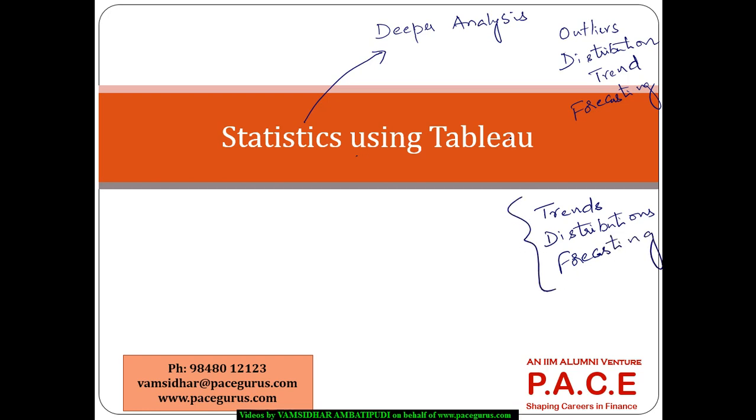So, three major things which Tableau can help us out with in statistical analysis: it helps us in identifying the trends, it helps us in coming out with the distributions of the data, and to some extent it can deal with the basic forecasting aspect as well. So to our visual analysis, some kind of value addition comes out quickly, right? And it also has a facility where you can integrate with R, today a powerful software for statistical analysis.